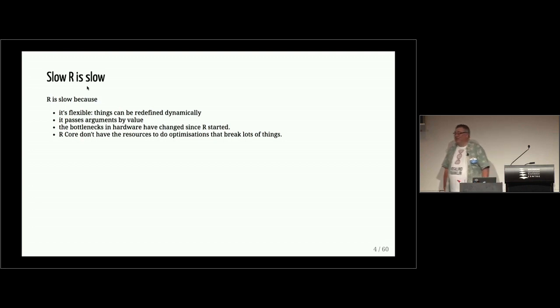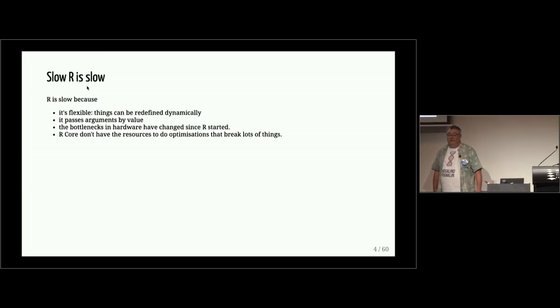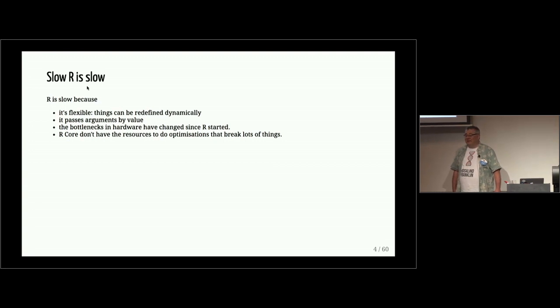It passes arguments by value. So if you pass a great big DNA sequence to a function, that function semantically gets a copy of the great big DNA sequence. R can sometimes avoid making those copies, but less often than you'd think. R is also slow because the bottlenecks in computation have changed since the early 1990s.